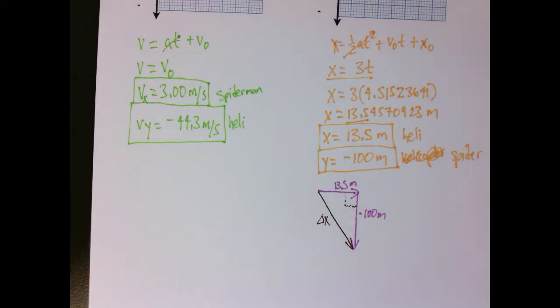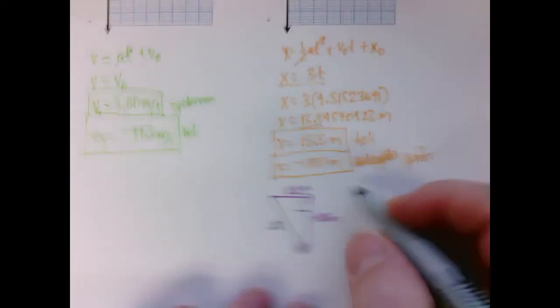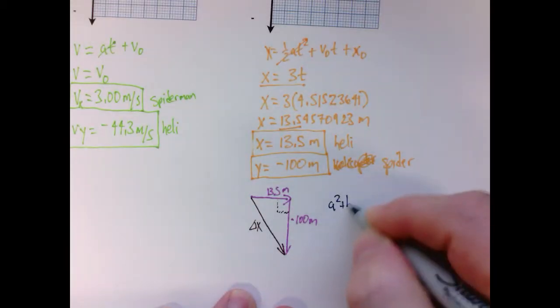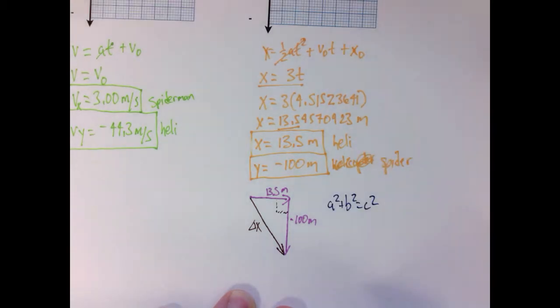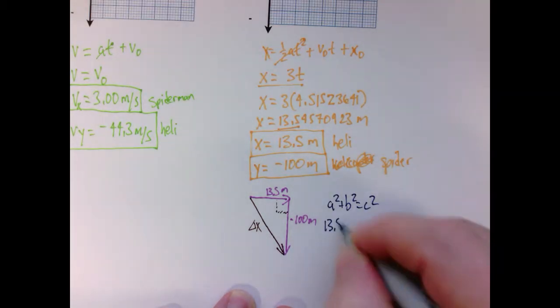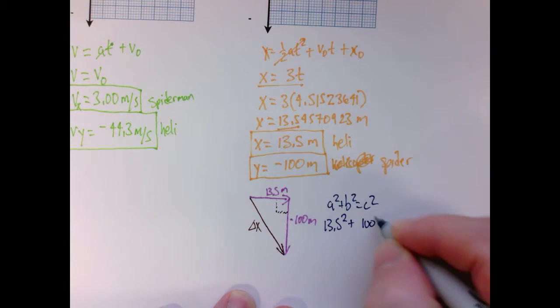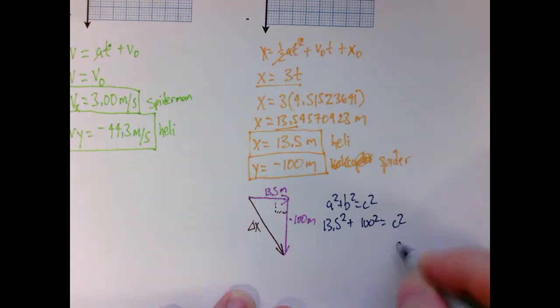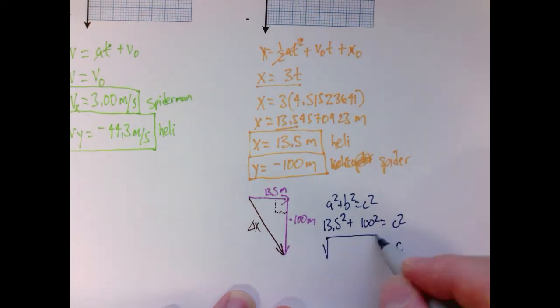And let us do that. So we have a squared plus b squared equals c squared. 13.5 squared plus 100 squared equals c squared. And then c is the square root of that whole mess.